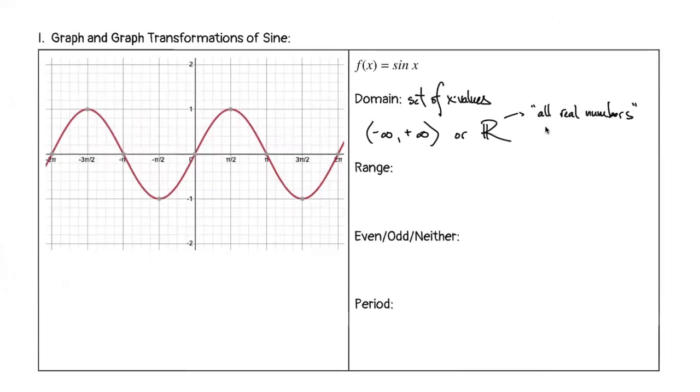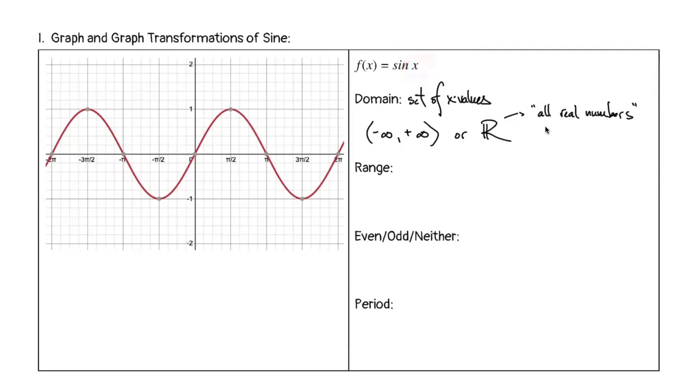All right, so we've talked about domain, and we could see that just by looking all the way to the right, or maybe looking all the way to the left on our graph and seeing that it never ends, okay? But another way to think about that is that X really represents an angle here, all right?